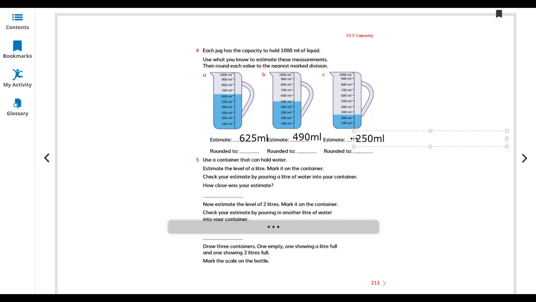Now making the nearest, nearest means nearest 100. So 625, 600. 490, nearest 500.